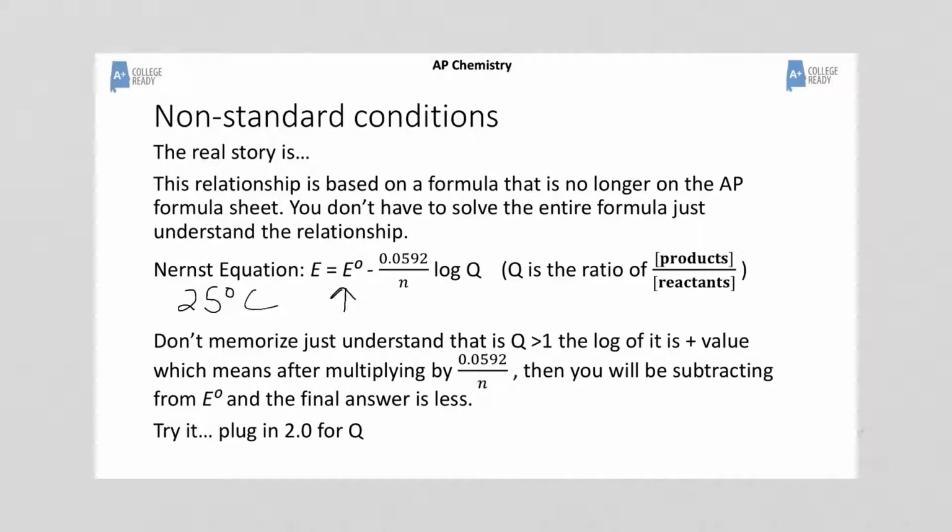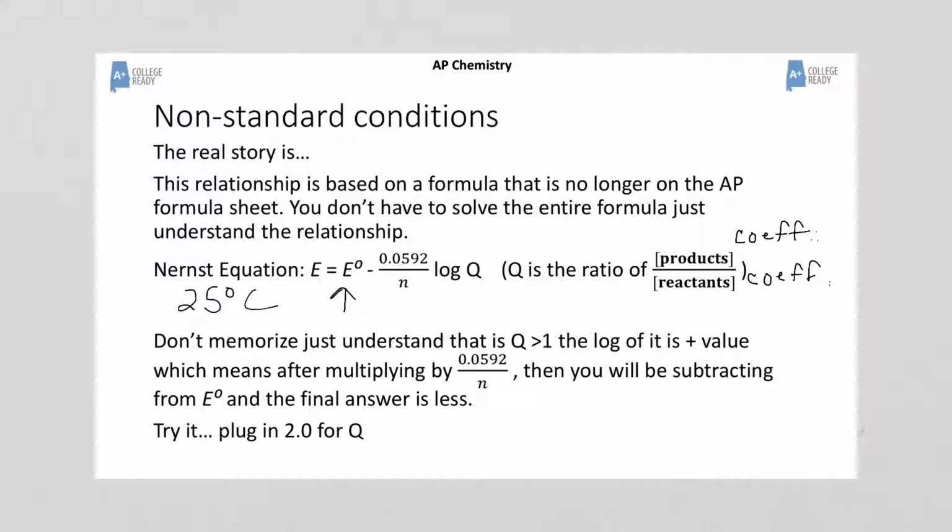And then here's that Q I was talking about. Q is the ratio of products to reactants. Technically, to be correct, these are raised to exponents, and the exponents come from the coefficients in the balanced chemical equation. And this is in the notes.